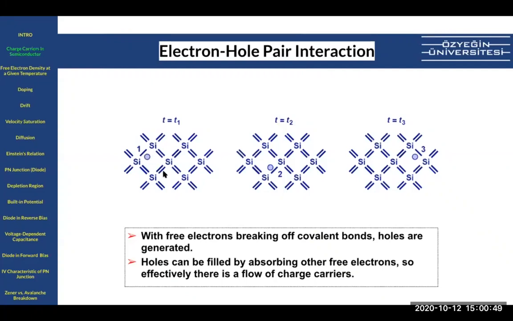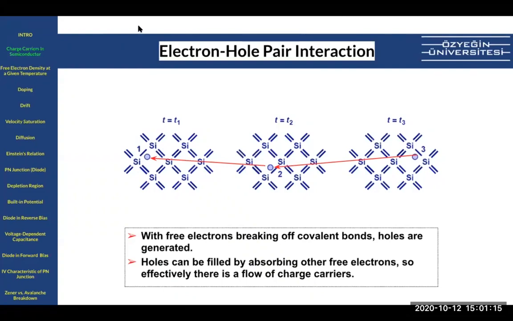And another electron, let's say here at t equals t2, fills that hole, right? Let me draw it. When that electron fills this hole, now there is another hole here, and then another electron fills that hole, and then there is another hole here. So this actually causes the flow of currents.